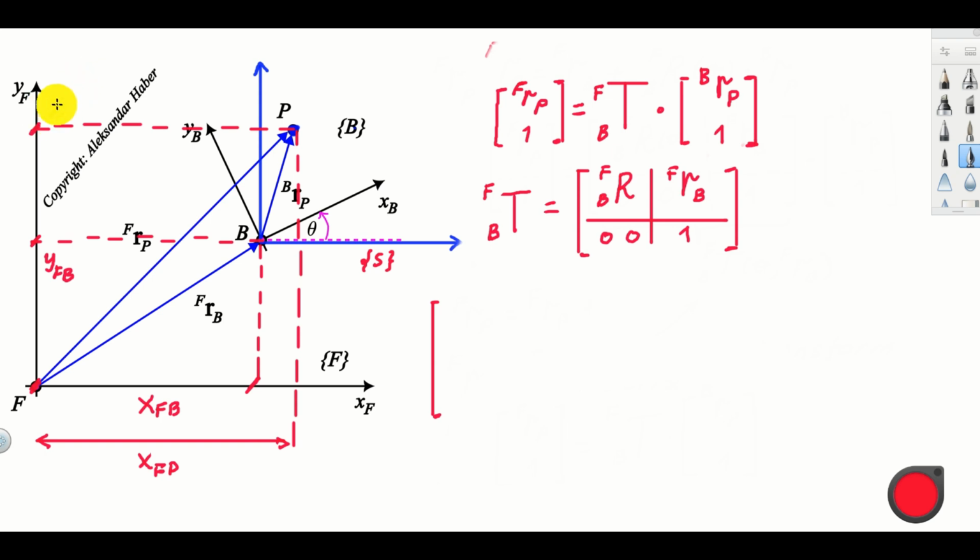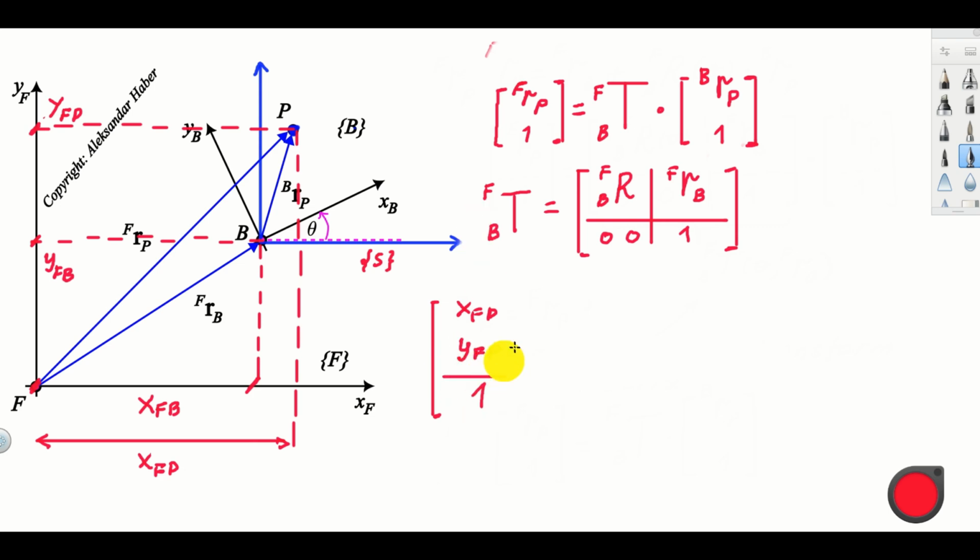It is YFP. Okay, so we will have RP expressed in F with its projections becoming XFP. Then we need the y projection, this projection, YFP. Then we will have 1 over here.